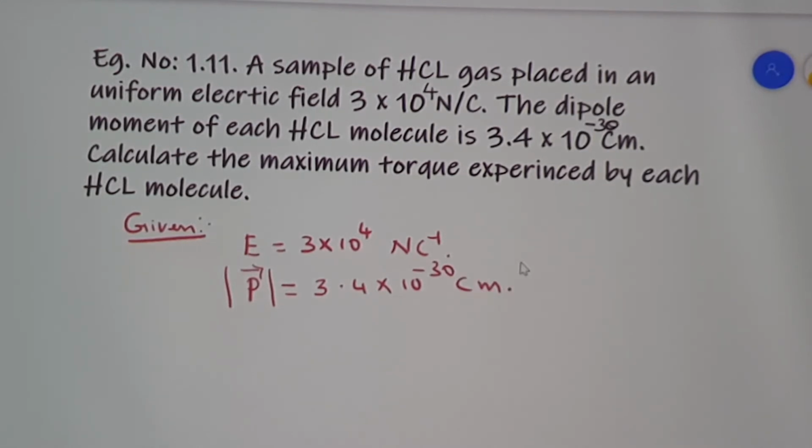What is asked? You are asked to calculate the torque tau, that is the maximum torque, for maximum angle theta equal to 90 degree. It was being given that the torque is taken to be maximum. So if the torque is considered to be maximum, then theta we have to consider as 90 degree.